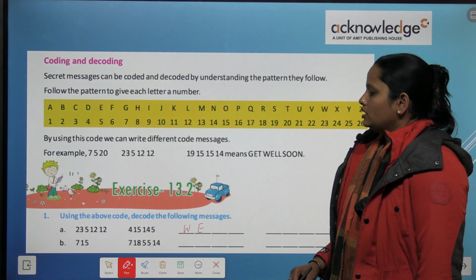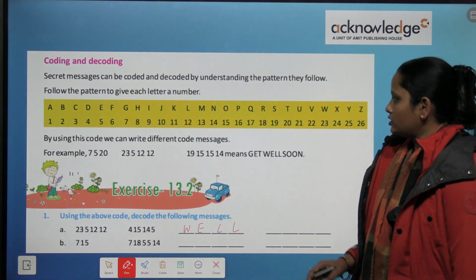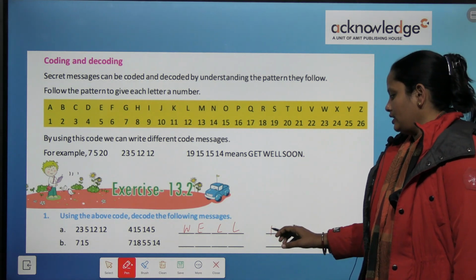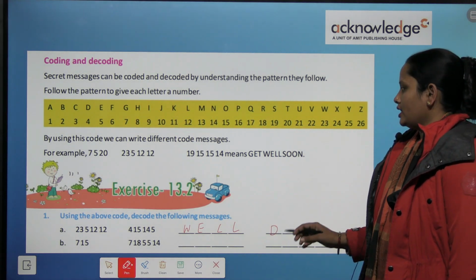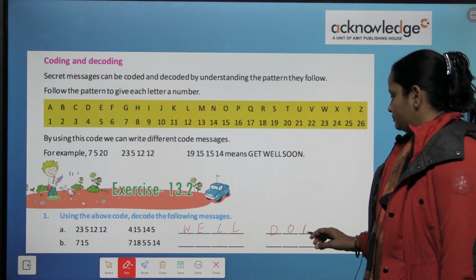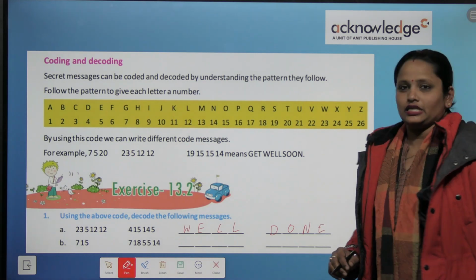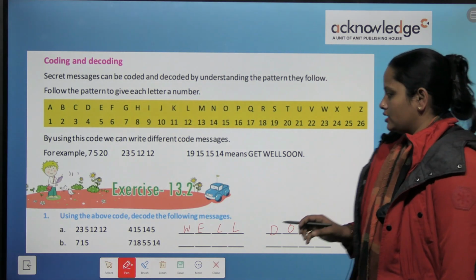Next, the 12 2 times. Well and 4 number पे है D. 15 is O. 14 is N and 5 is E. So यहाँ पे जो हमारा secret message है that is well done.